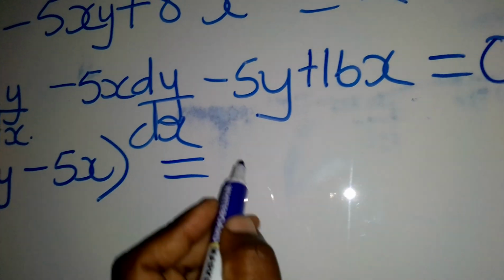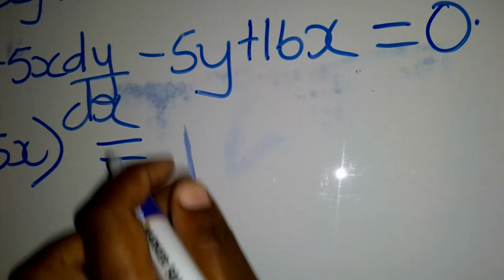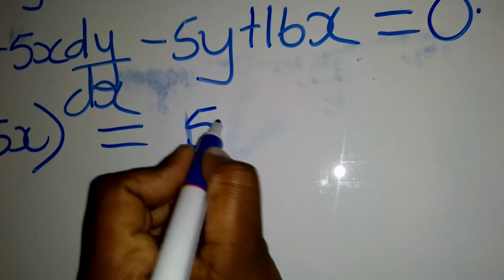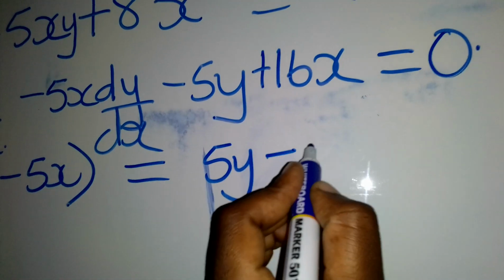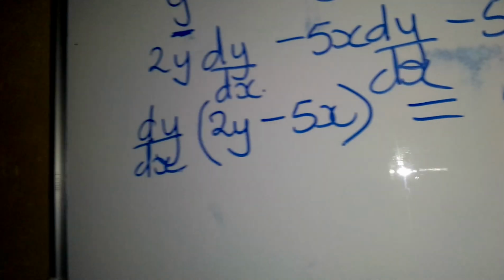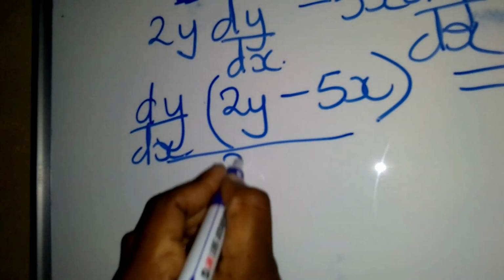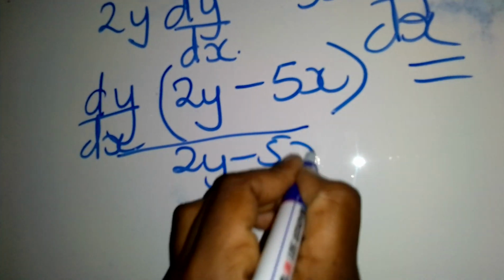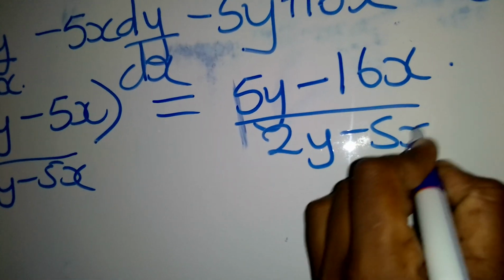So it becomes positive 5y, and plus 16x becomes minus 16x. Then to remain with dy/dx, we divide both sides by 2y minus 5x.